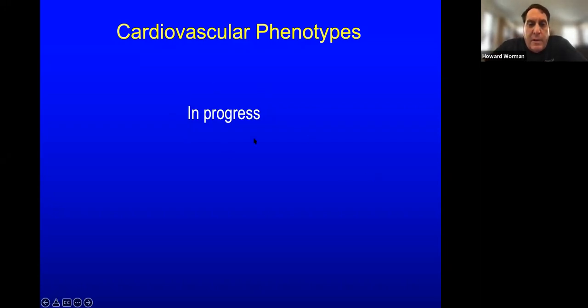But we're in the process of performing a more advanced, sophisticated cardiovascular evaluation. I could say when the mice are around 8 months of age, their cardiovascular system appears to be normal, but we have some preliminary data that when they get much older, they may begin to get some of the changes in the vasculature that HGPS mutant mice get.